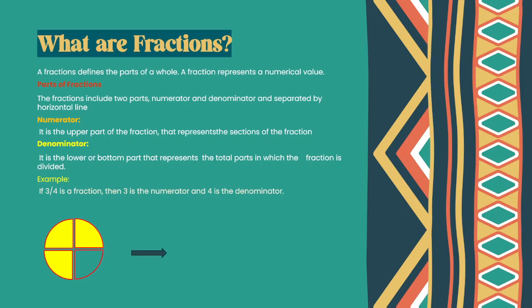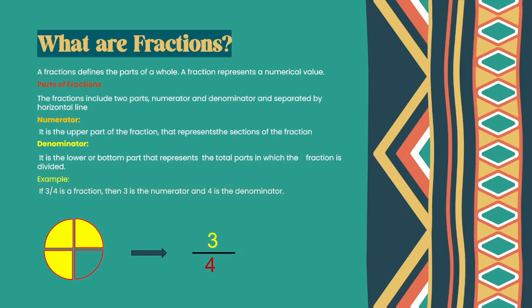This is written in number form. First you have to draw a line, and above the horizontal line you write how many parts are colored, that is 3. Below the horizontal line you write how many parts are made.